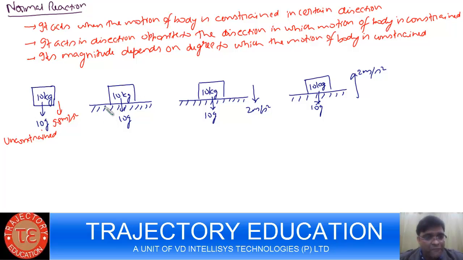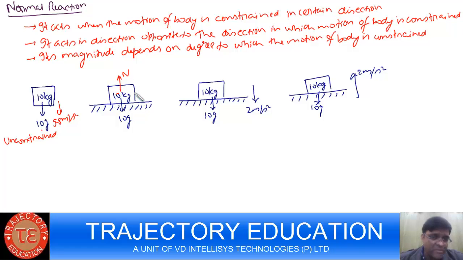It means the surface is constraining the motion of this 10 kg block, in the downward direction. It means there must be a normal reaction acting on this body in the direction opposite to the direction in which motion is constrained. So the surface must be exerting a force N in upward direction.